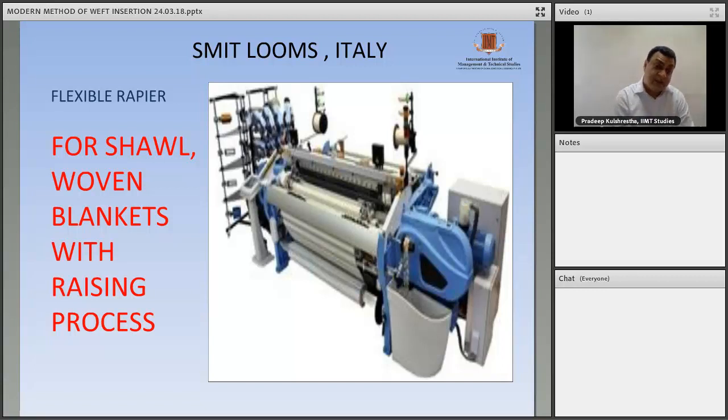Now, this is the Smit loom manufactured in Italy, and these are very good for shawl weaving and blanket weaving. In shawl fabric of ladies wear, we can see very long patterns of 5,000 and 7,000 pattern repeats of designs.